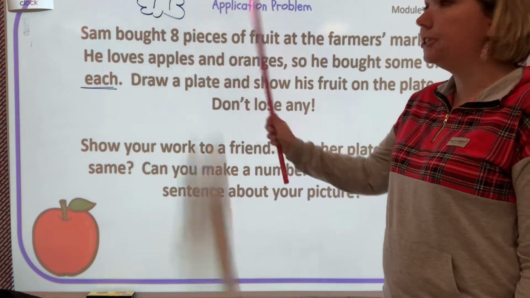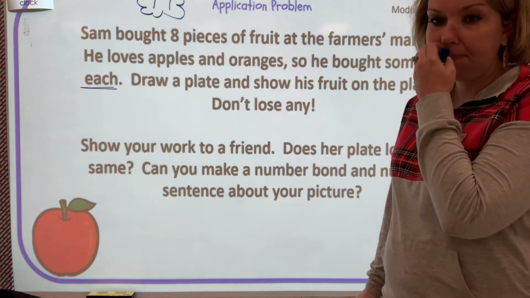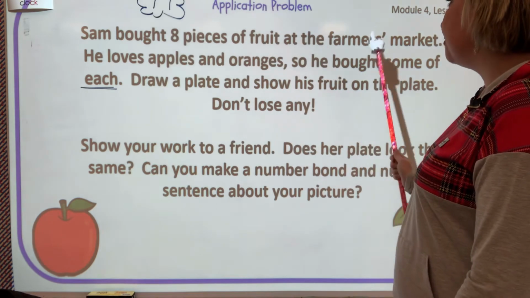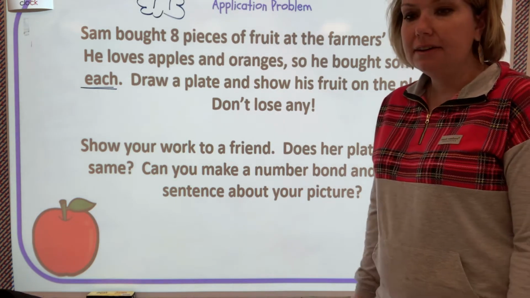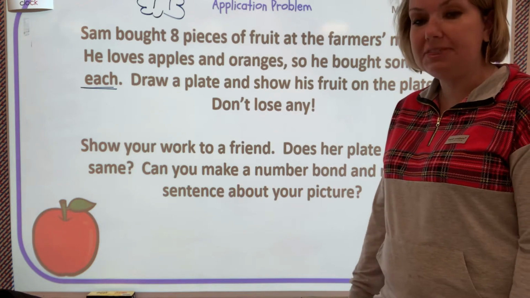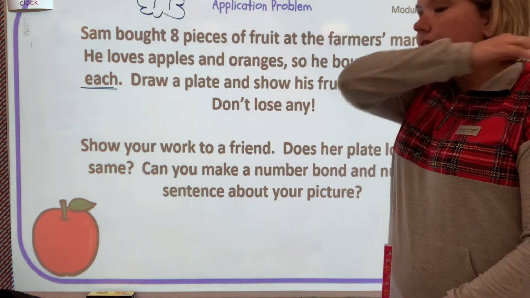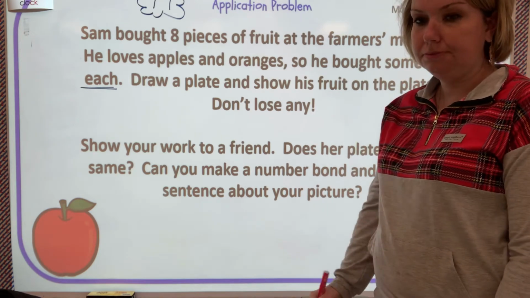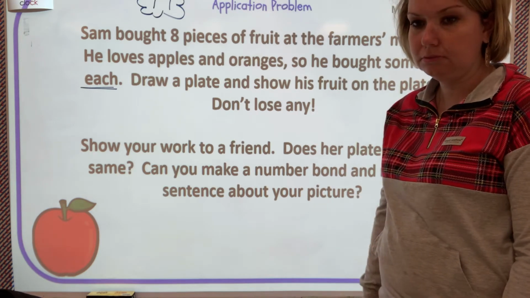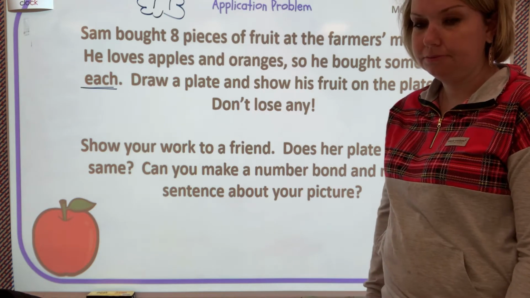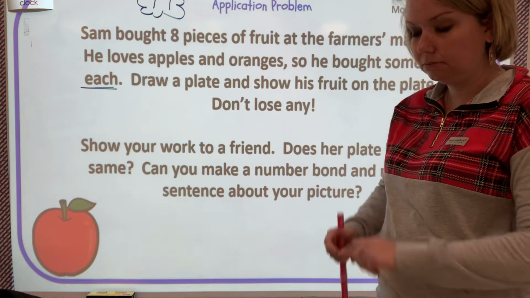Let's just look at the first sentence. Sam bought 8 pieces of fruit at the farmer's market. Someone raised their hand. Is there anything I need to do with this sentence? Nicole? You have to circle the numbers.